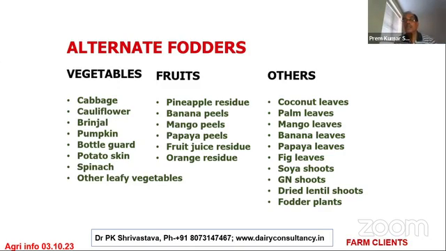Coconut leaves in South India, palm leaves, mango leaves, banana leaves, papaya leaves, fig leaves, everything. Soya shoots, groundnut shoots, dried lentil shoots. And fodder plants. Fodder plants have taken over a lot in our country nowadays. We'll discuss that.